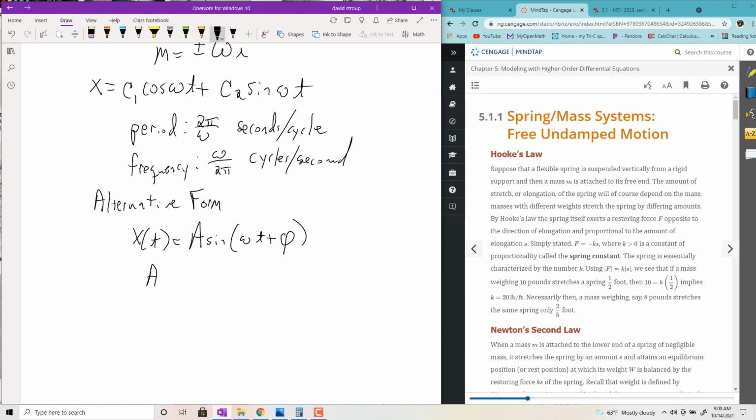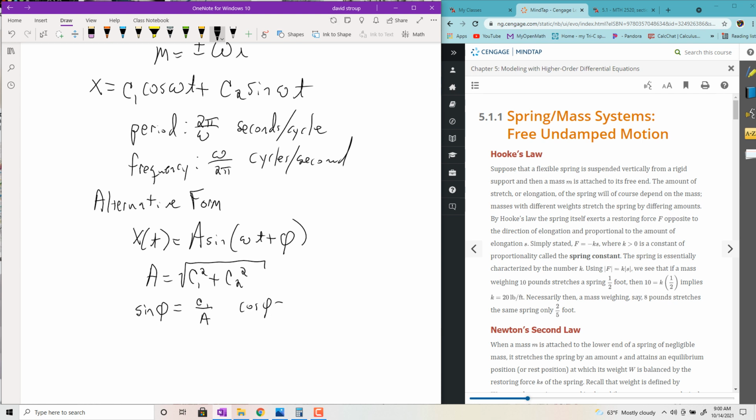Basically, what is A? A is from the constants in the general solution of the motion equation. So A is the square root of c1 squared plus c2 squared. The phi thing then is kind of annoying to get. It's sine of phi is equal to c1 over A.